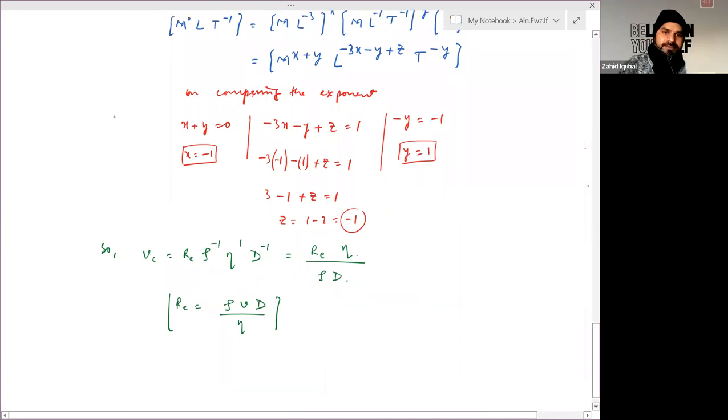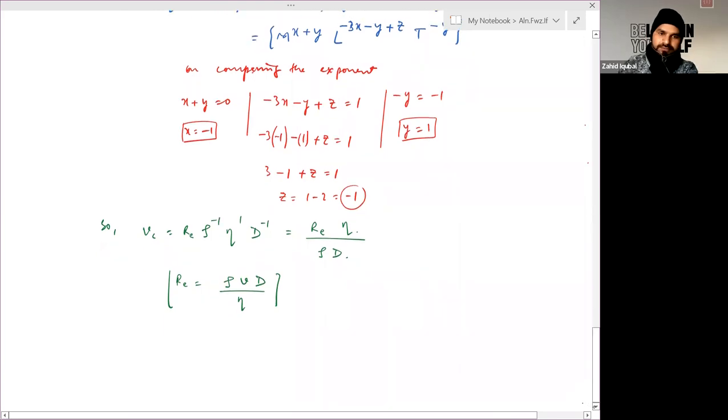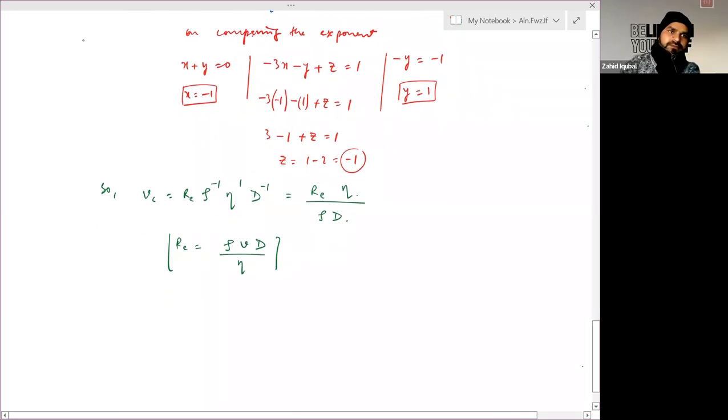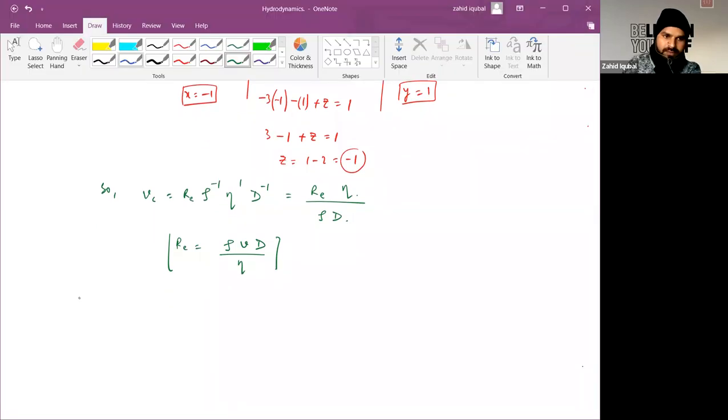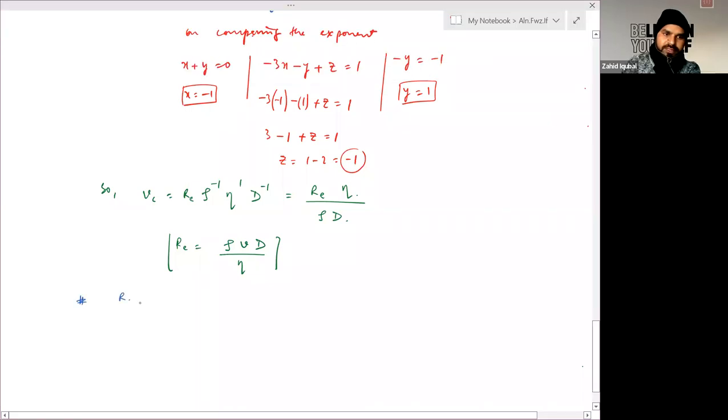First, if Reynolds number is less than 1000, then less than 2000 but greater than 1000, then less than 3000 but greater than 2000, and Reynolds number greater than 3000.